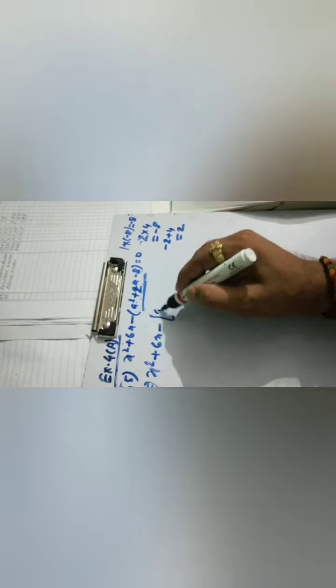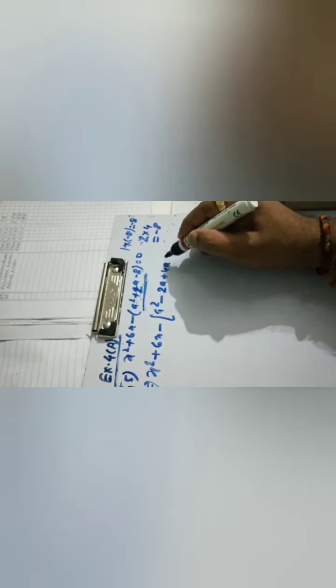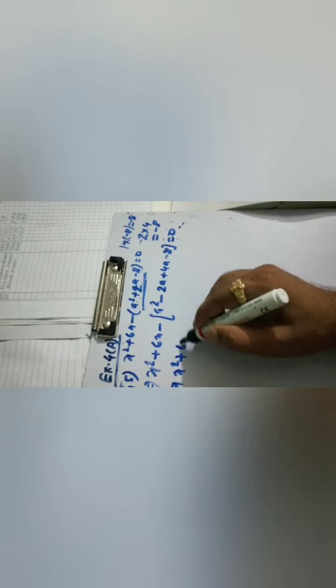So this expression can be written as x square plus 6x minus (a square minus 2a plus 4a minus 8) is equal to 0. In these two terms a is common, then a minus 2 will be left here, and in these two terms 4 is common, then a minus 2 will be left here, is equal to 0.